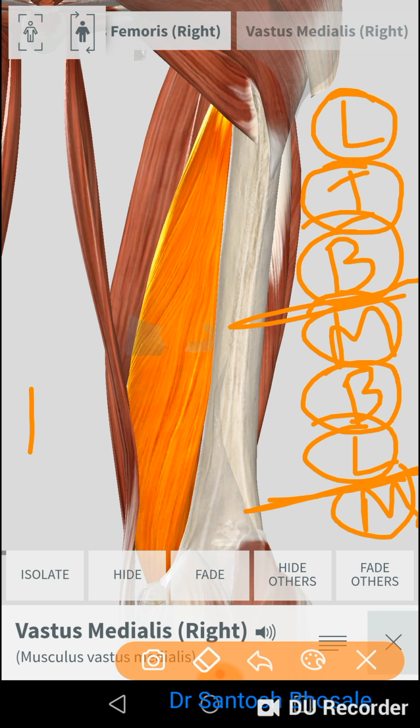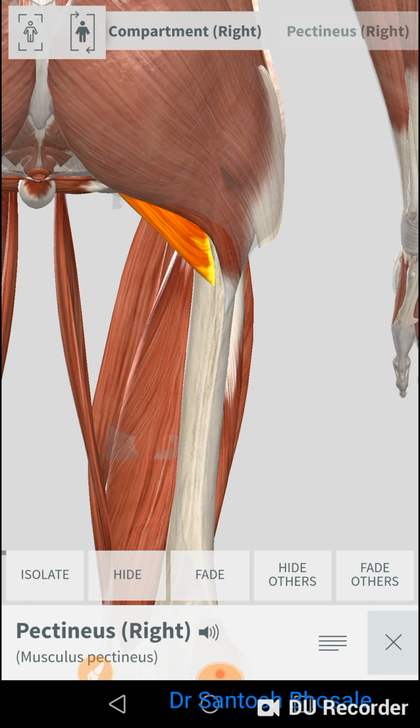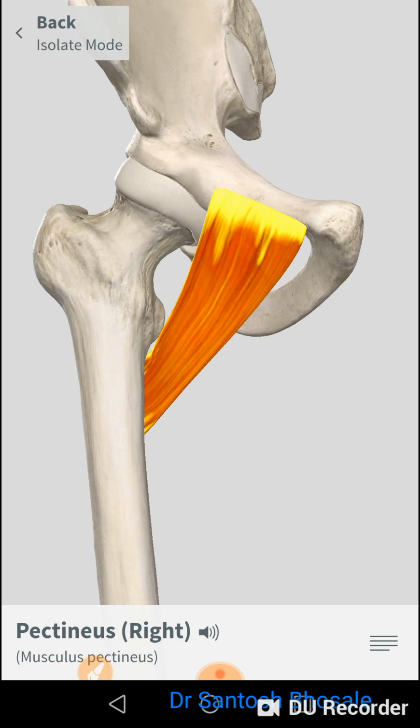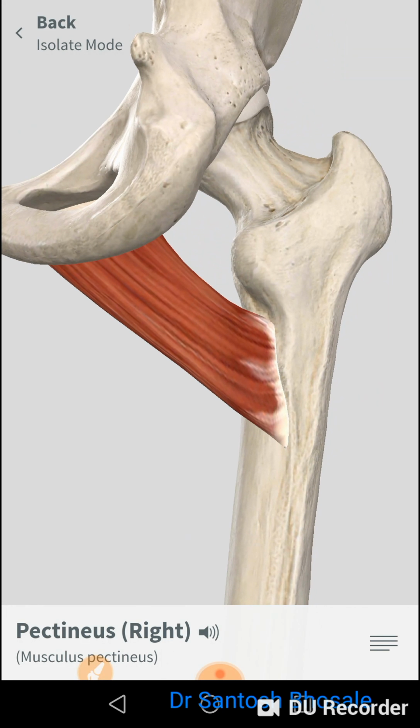So these are the structures which come from lateral to medial, attached to the linea aspera. And if you go above, you can see here the pectineus muscle attached to the pectineal line, the area between the lesser trochanter and the medial lip of linea aspera.